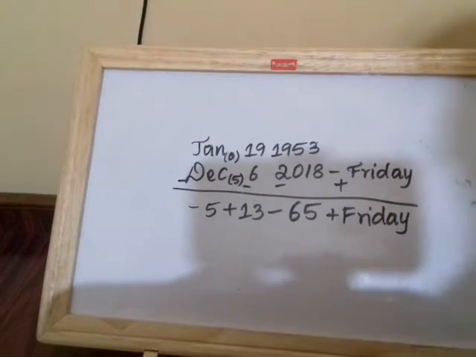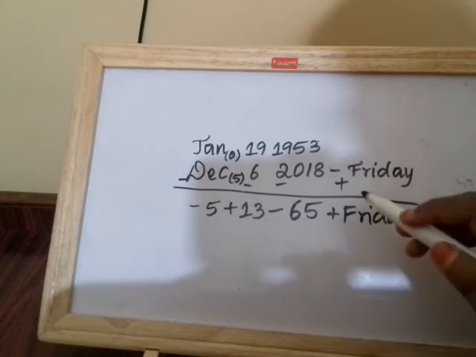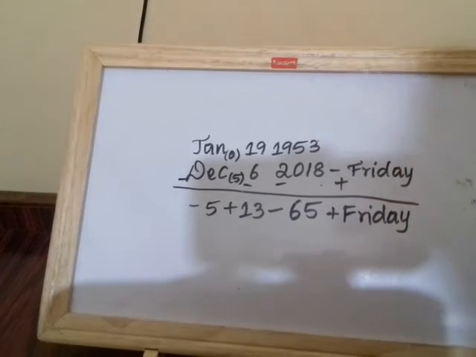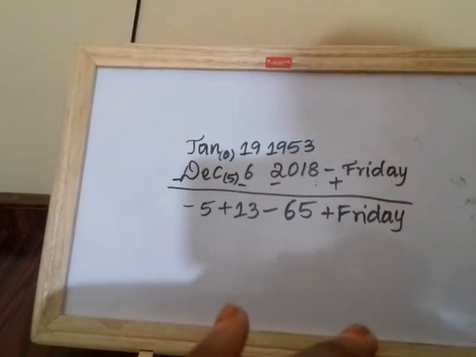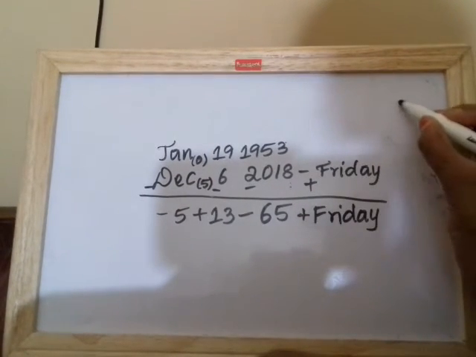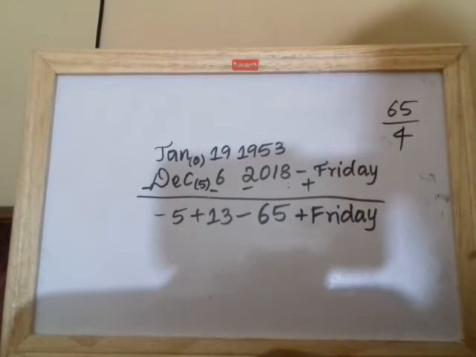But here we need to understand that there are some more odd days for the number of leap years present between 2018 to 1953. Okay. So the leap years are for 65 years. How many leap years we have? 16 leap years.